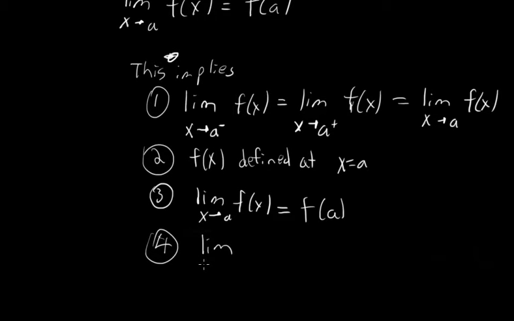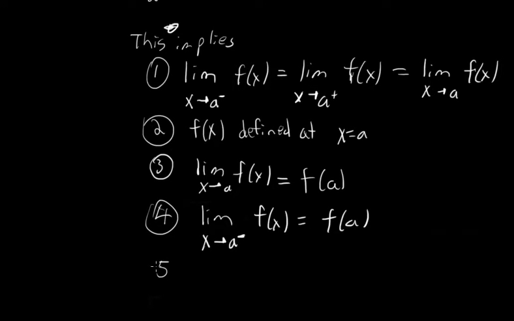Statement 4 will be the limit as x approaches a from the left of f of x is equal to f of a. And this comes out of the fact that the limit as x approaches a from the left of f of x is equal to the limit as x approaches a of f of x, which is in turn equal to f of a. So if these two things are equal, and these two things are equal, then this and this must be equal as well.